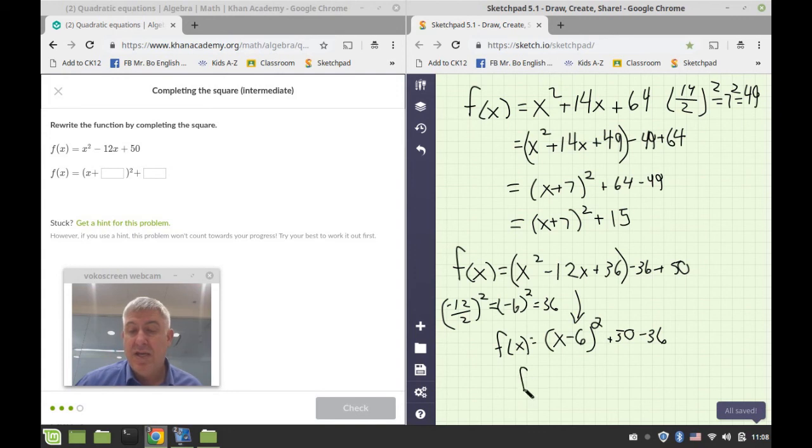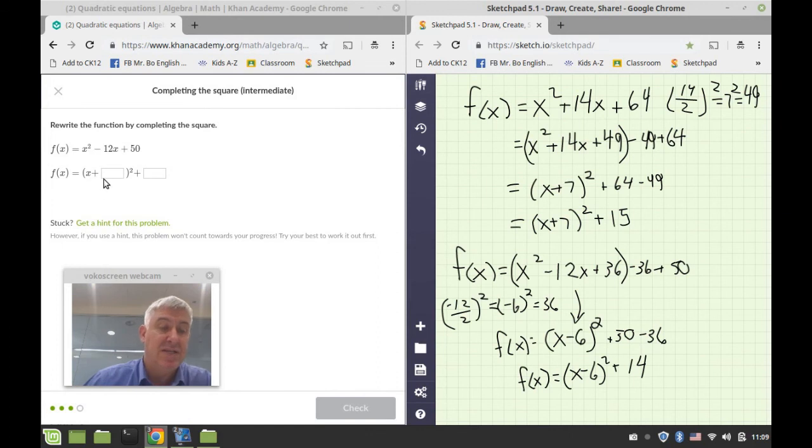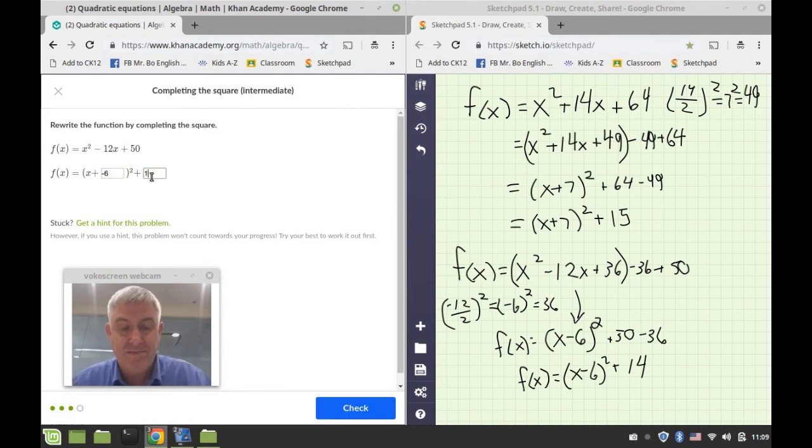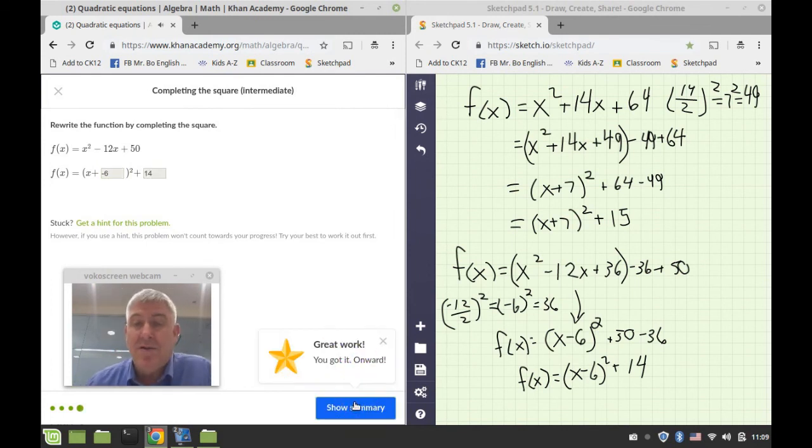So in the end, f of x is equal to x minus 6 squared plus 14, and that's what we're going to put up in here. All right, that one is not difficult.